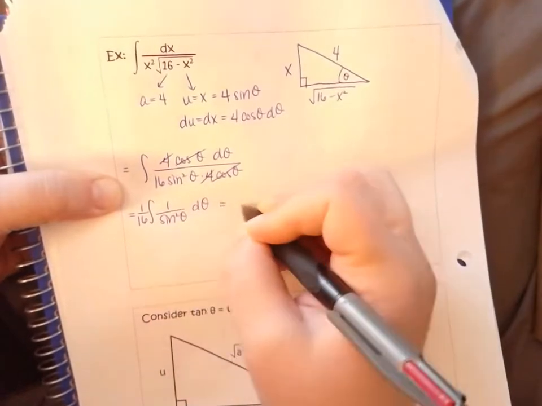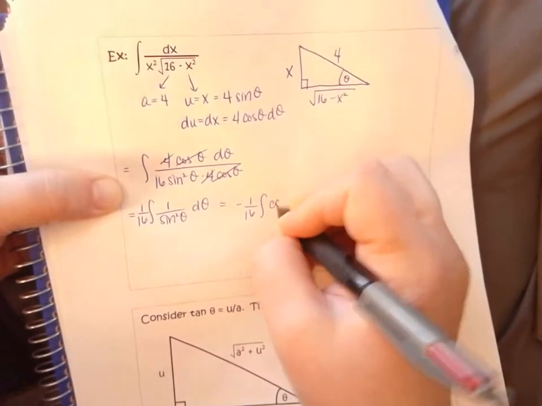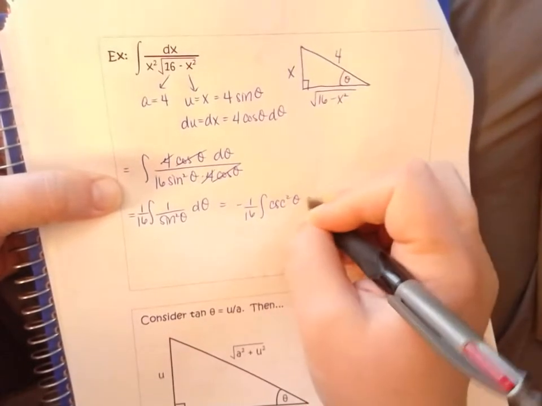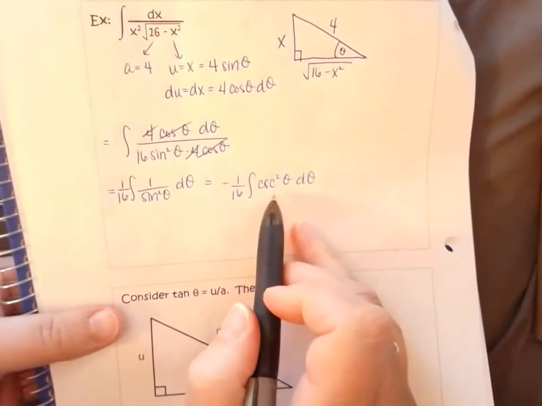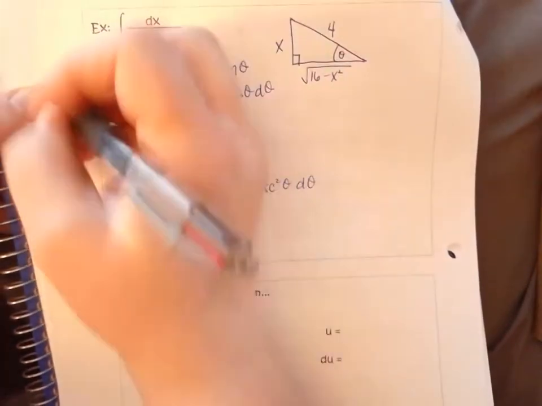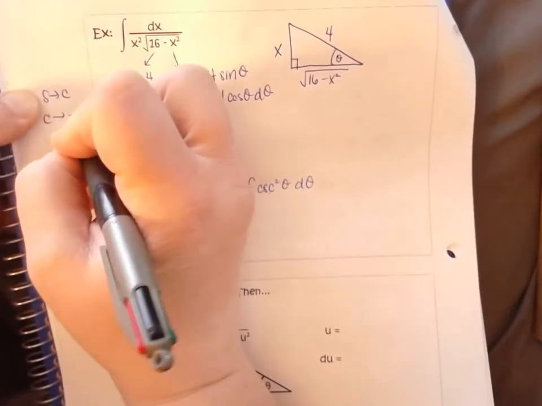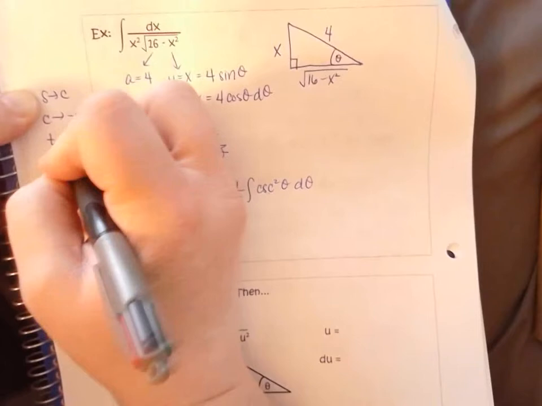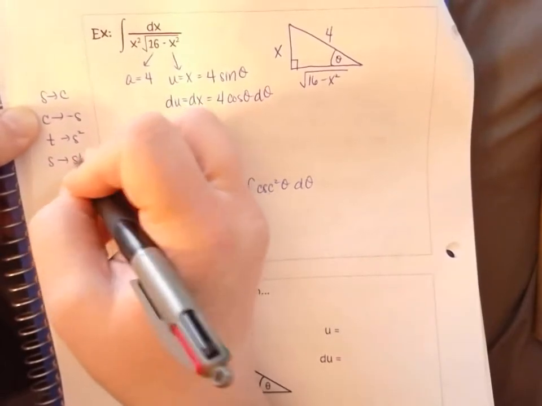Hopefully, you recognize 1 over sine squared by its other name, which is cosecant squared. And hopefully you've memorized your trig derivatives to remember what this becomes. If you don't, let me remind you with our quick key over here. Again, you may prefer something different, and that's okay.